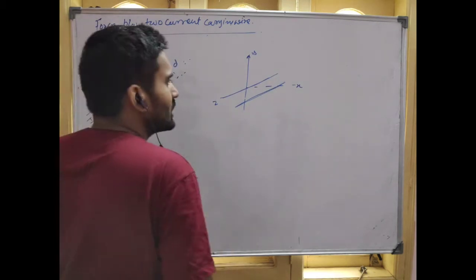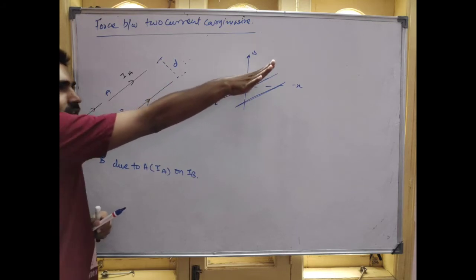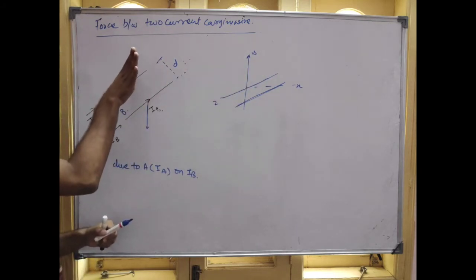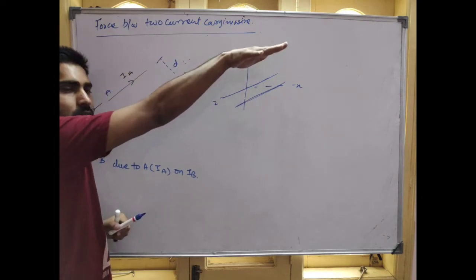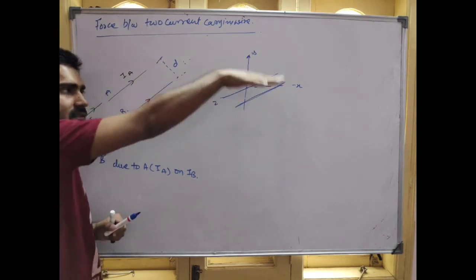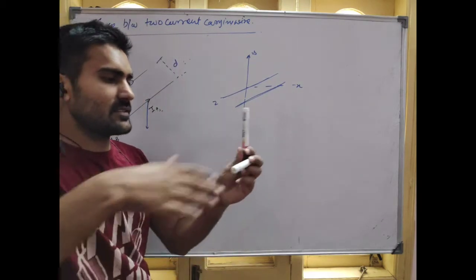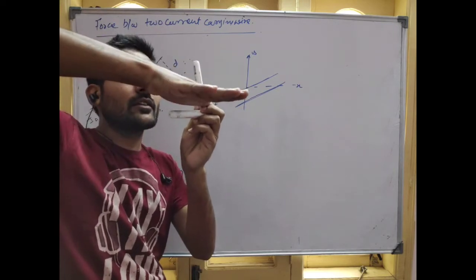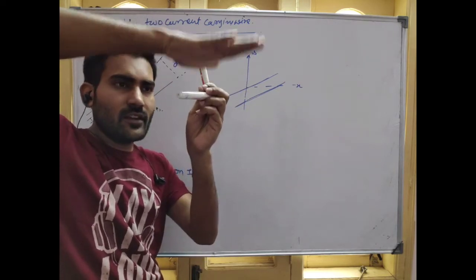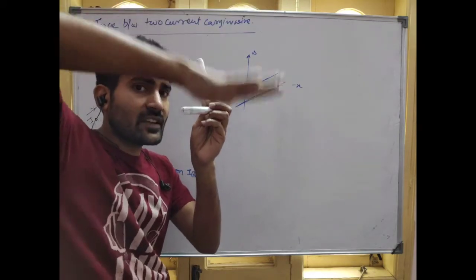So what will be the direction of the field? Keep your thumb in the direction of the current and point your fingers towards the point. So it will be downward like this. It is along the Z axis like this. Keep your palm in the direction of the current and stretch your fingers towards the point. The magnetic field is downward.